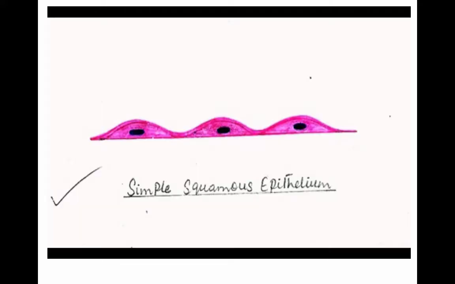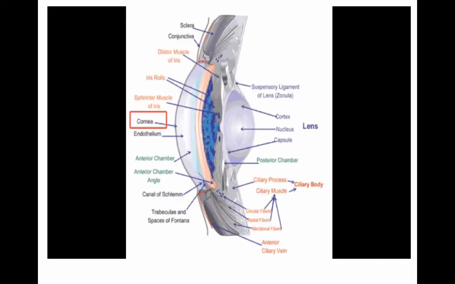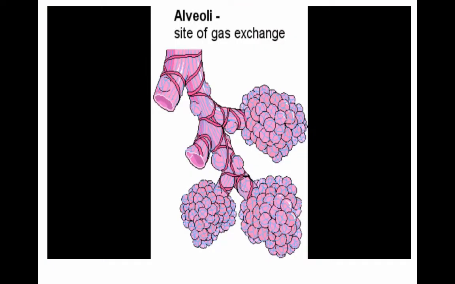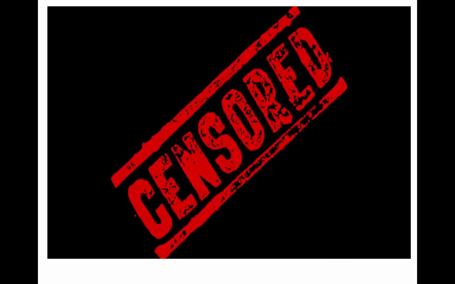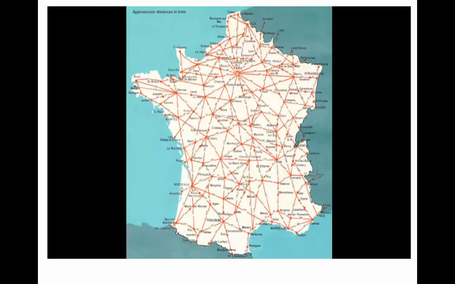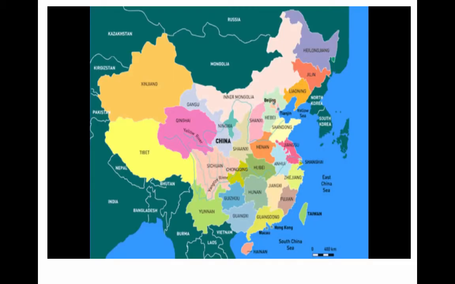The first type of epithelia is simple squamous. If you didn't have it in you, it would be such a pain, 'cause they're found in your cornea, that's in your eye, and in your alveolus to help you stay alive. Now down in your vagina, they're squamous stratified. In every woman from France to China, they're non-keratinized.